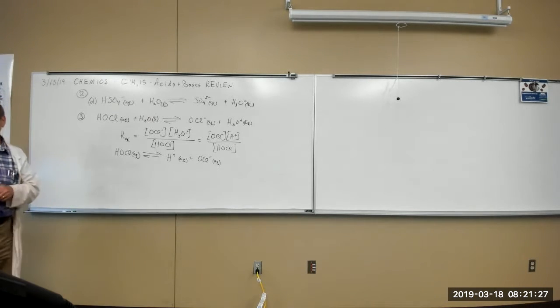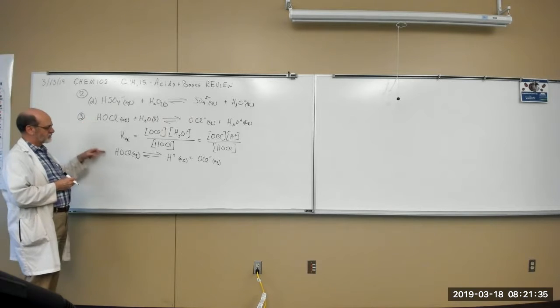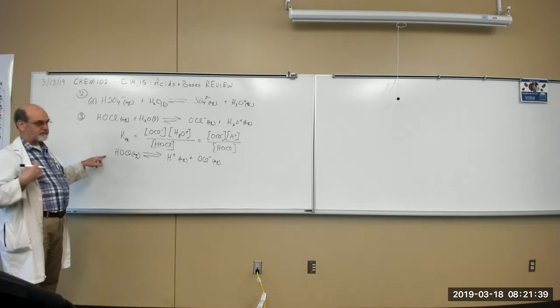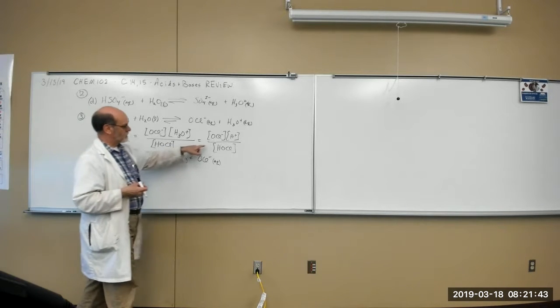Unfortunately, that's just the way this chemistry is developed. So either one of these, this one is equivalent to that one. And the K value for this one is identical to the K for that one.